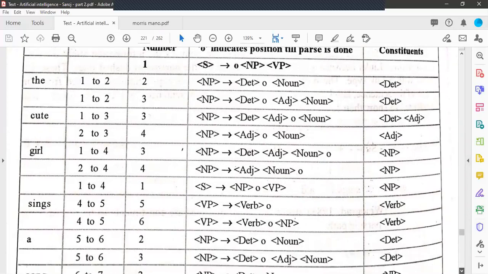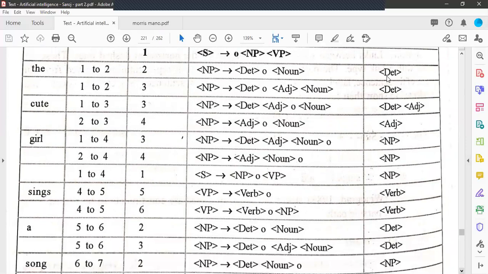What has been completed? In this case, it was just determiner. Here also determiner. Here determiner and adjective. Here just adjective. Here noun phrase. Noun phrase including determiner, adjective, and noun. Here also noun phrase. Just the verb. Here also just verb. Here determiner, determiner.